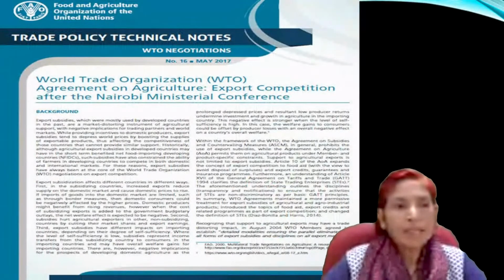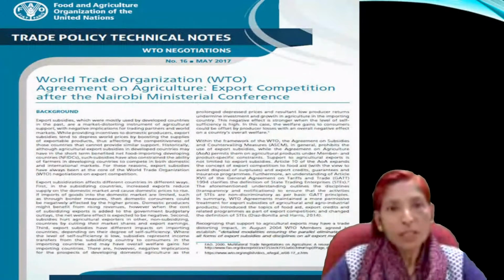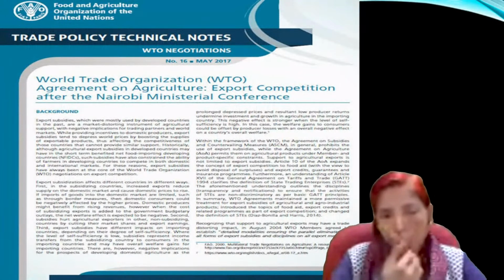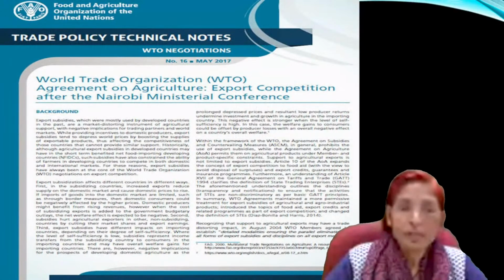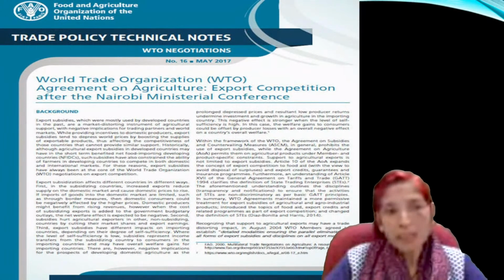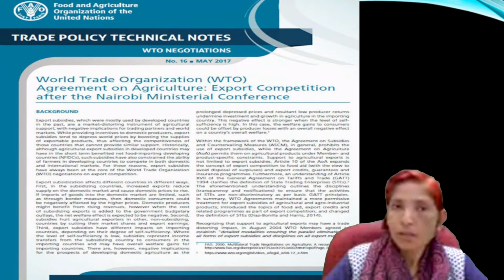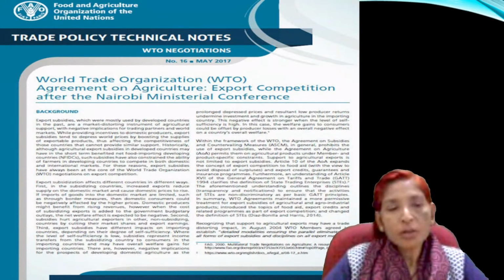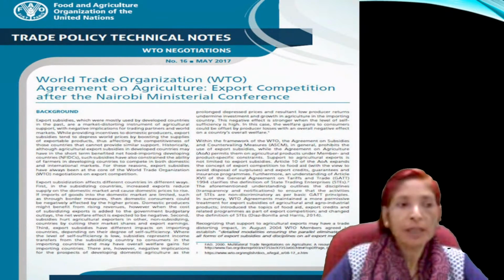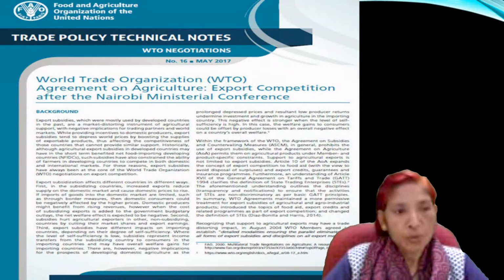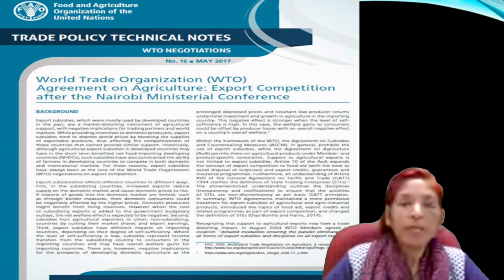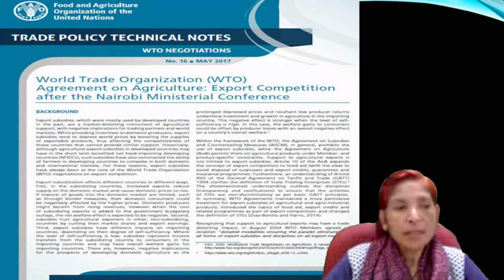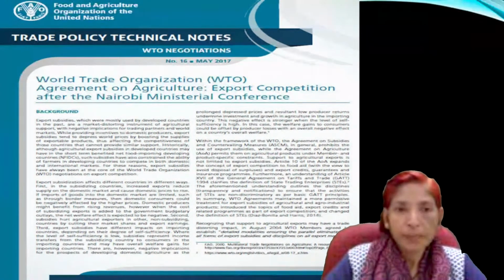Trade policies, World Trade Organization, agreements on agriculture, export competition after the Nairobi Ministerial Conference. Export subsidies, which were mostly used by developed countries in the past, are a market distorting instrument of agriculture supports with negative implications for trading partners and world markets.